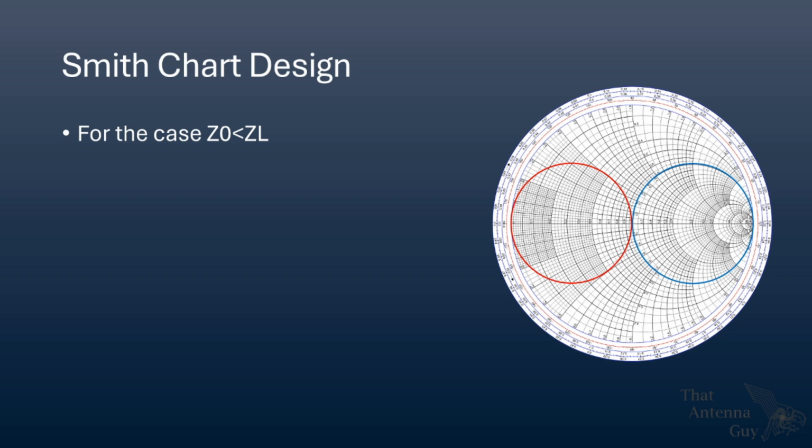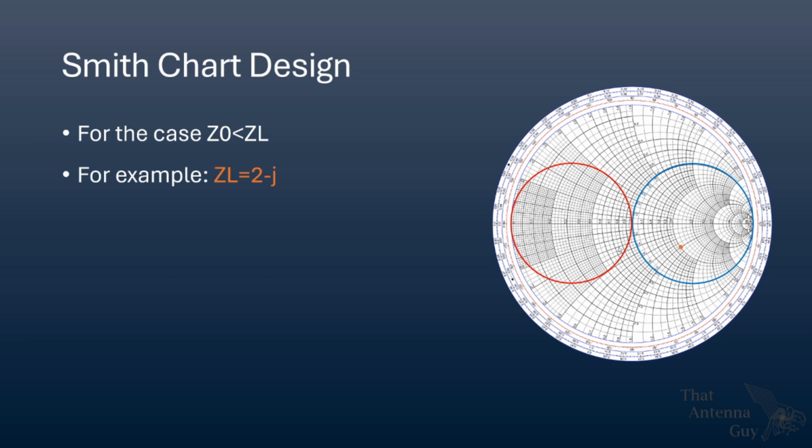Let's look at the case where the characteristic impedance is less than the load impedance. For this example, I'll select 2 minus j. Now you'll notice that unlike the previous example, I can't simply add or subtract an impedance. I'm stuck on this circle here and no way to approach the r equals 1 or g equals 1 circle.